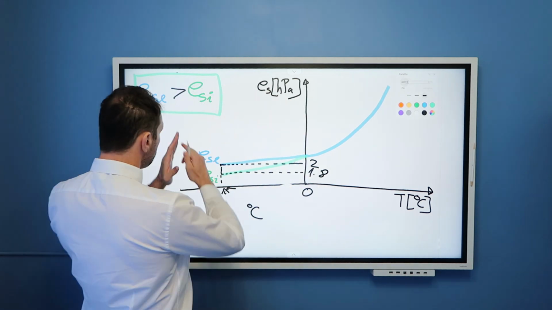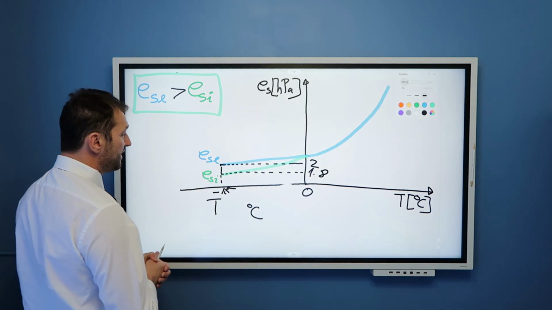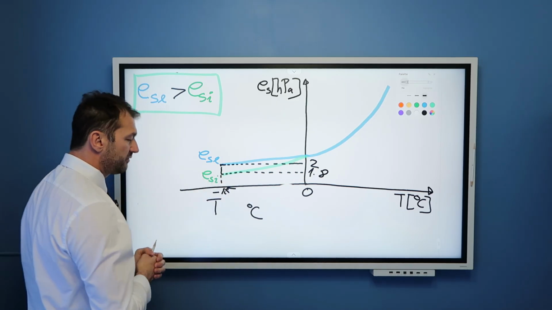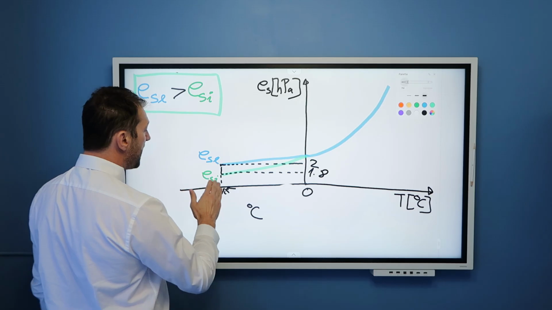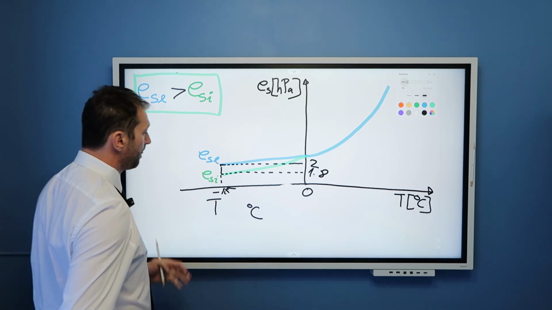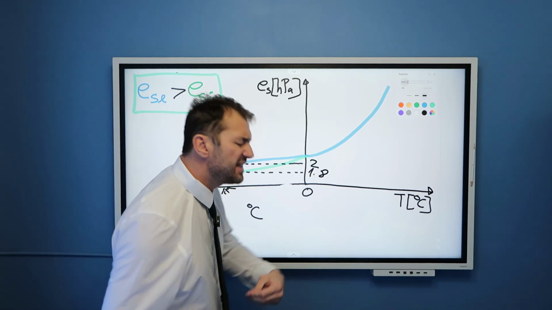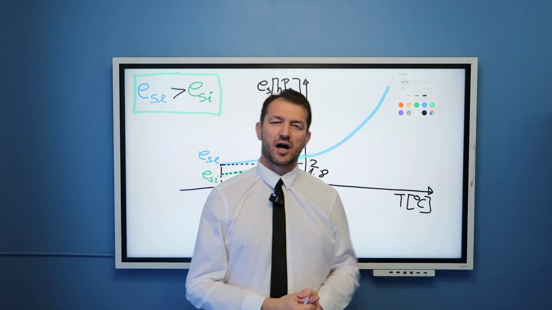And that explanation that I provided results in these two curves being different and ESI being below ESL. And this difference plays an enormous role, as I said, in cloud physics.